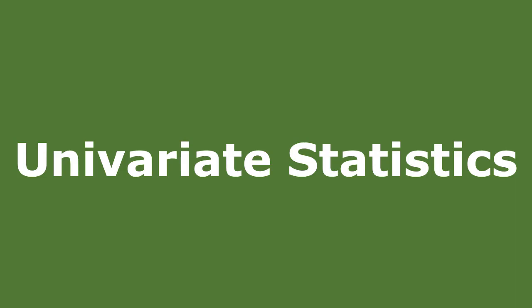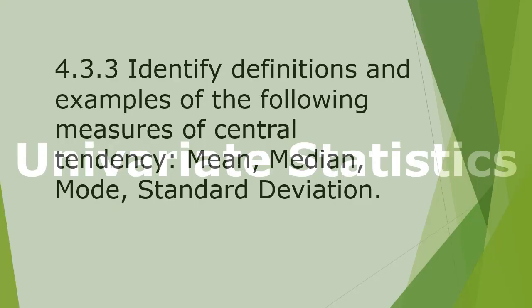So is the height of an NCAA basketball player. Those are univariate, so there's only one variable. Later on, we'll look at some common statistics for bivariate statistics, and that would be two variables that you examine together. So let's take a look at some of the important information and examples associated with univariate statistics.